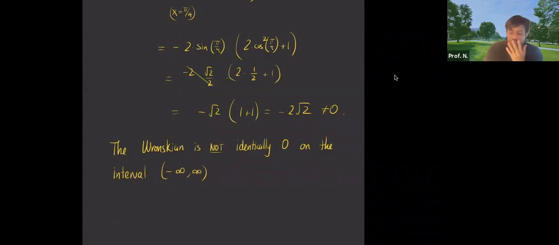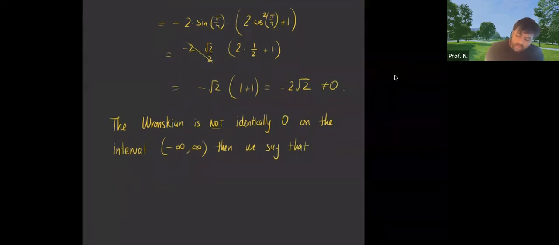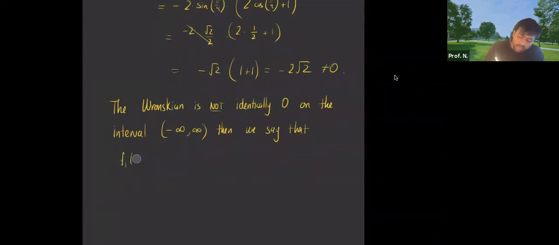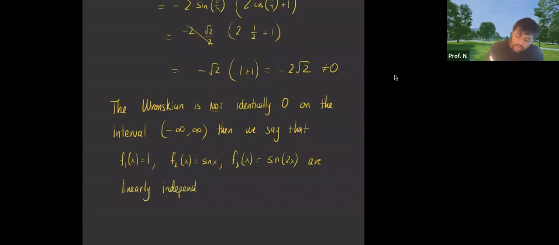So because it's non-zero at least at one particular point on the interval -infinity to infinity, then we say that our functions f1 of x equal to 1, f2 of x equal to sine of x, and f3 of x equal to sine of 2x are linearly independent functions.